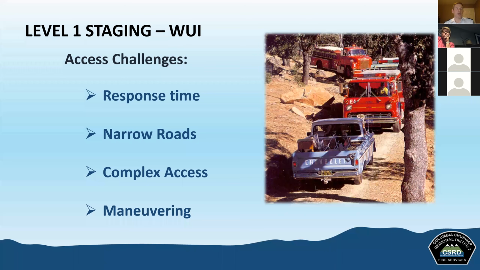You might have different properties with gates in the way that you need to get past, and maneuvering can be very difficult in those situations. So again, we want to always position the engine for the ease of our operations and our ability to escape.